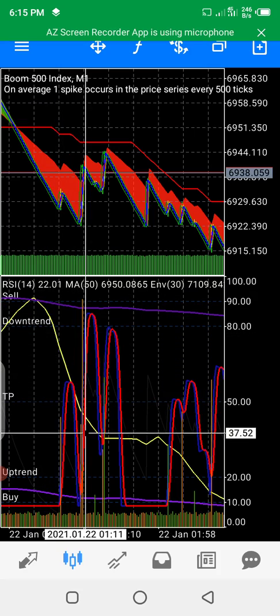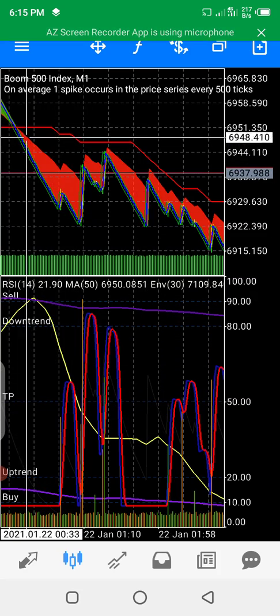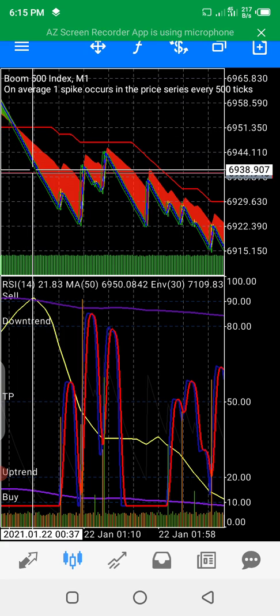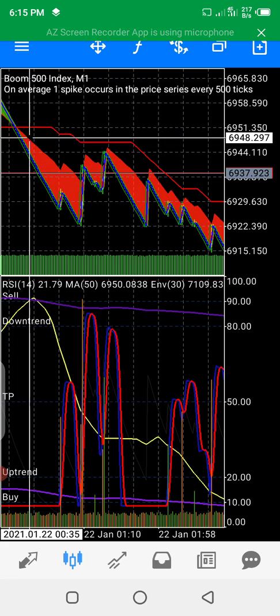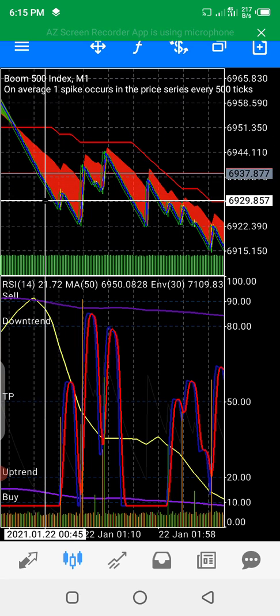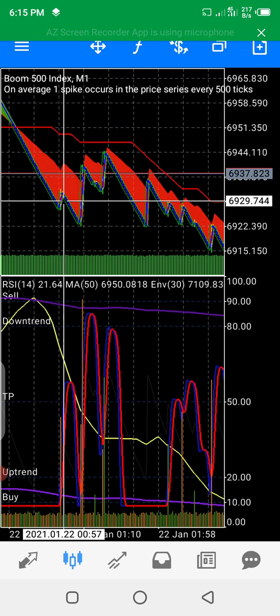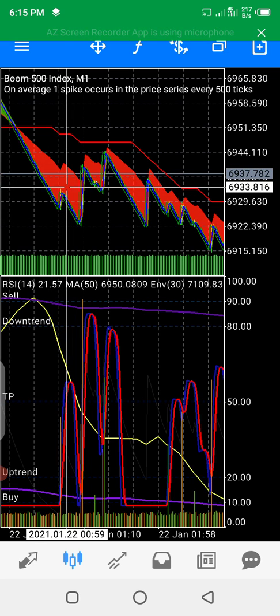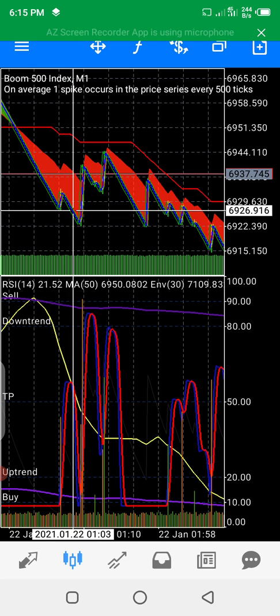What you're supposed to do is start selling the candles. You sell, you sell. Here it spiked a bit, but you continued selling.